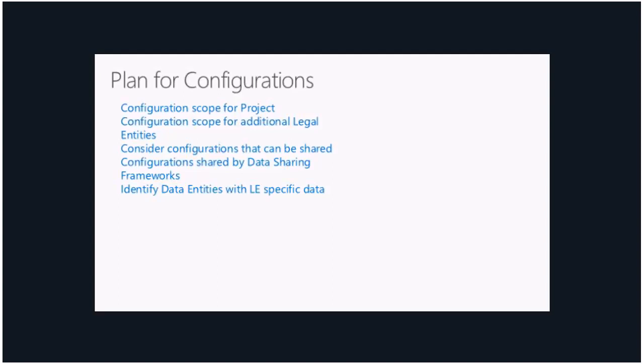For example, what data is being shared across legal entities by design, and what do I need to do if I need to go and touch those forms? That's why it's important to have this in view. Let me show you an example on how you could potentially do this work of planning.